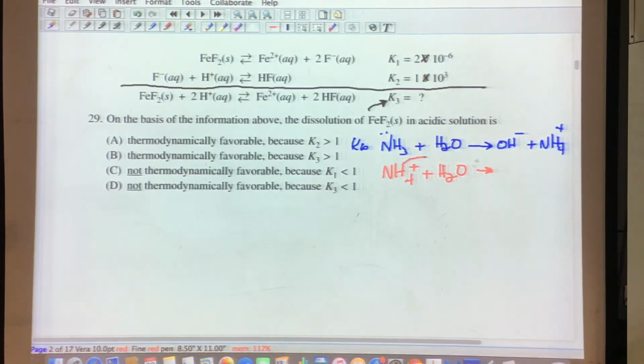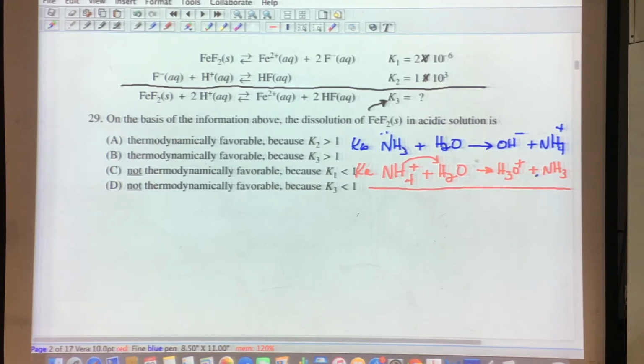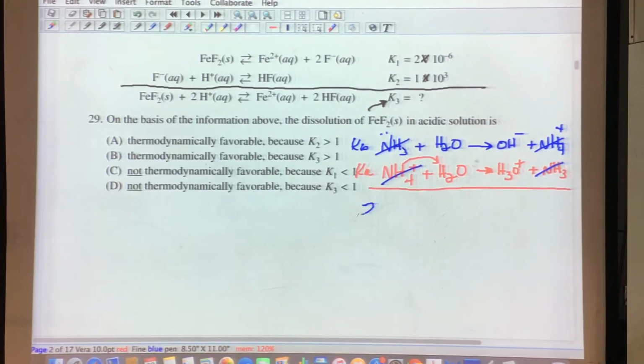Well, this gave an H, it's a Bronsted-Lowry acid, so this becomes H3O plus NH3. And this would be the Ka of the acid. And you notice, when I cancel everything off, what am I going to get? Okay, I'm going to get two waters doing what?